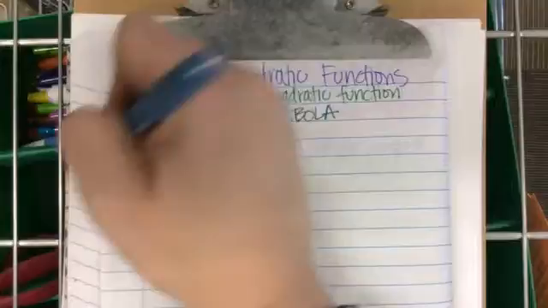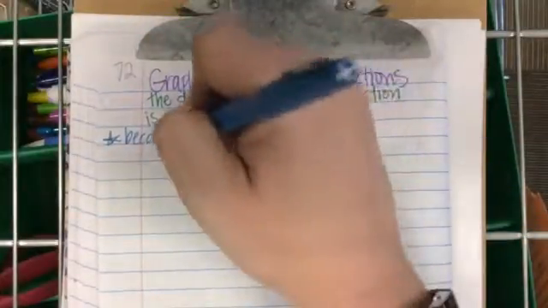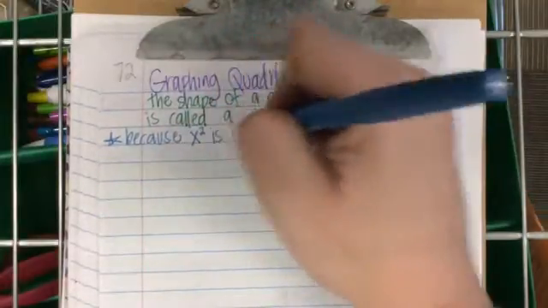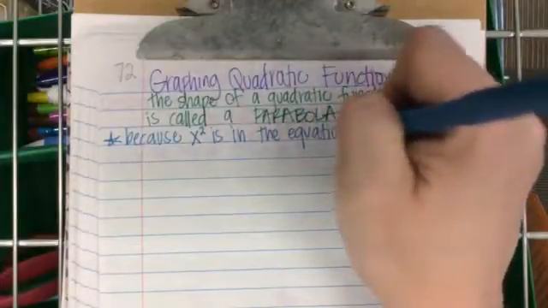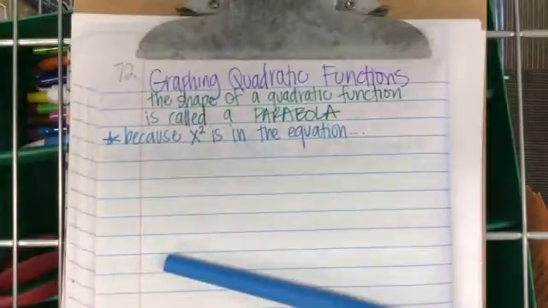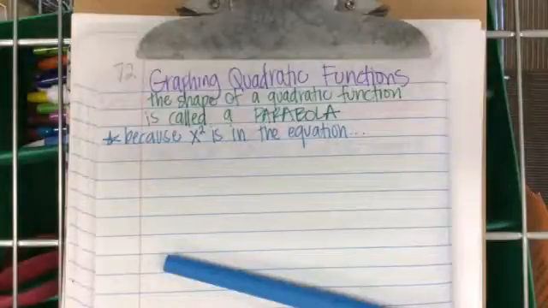So, because x squared is in the equation, when we graph, we pick the values to put in for x. We pick what numbers we're going to substitute.